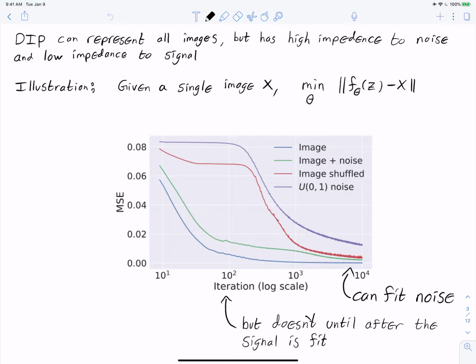So we see that yes, it can fit noise, but it doesn't until after the signal is fit. And according to this figure, by about 1 or 2 orders of magnitude of iteration count afterwards. So what this suggests is that there is a high impedance to noise, right? It takes a lot of iterations to fit the noise, and a low impedance to signal. And so perhaps you can denoise by doing early stopping.